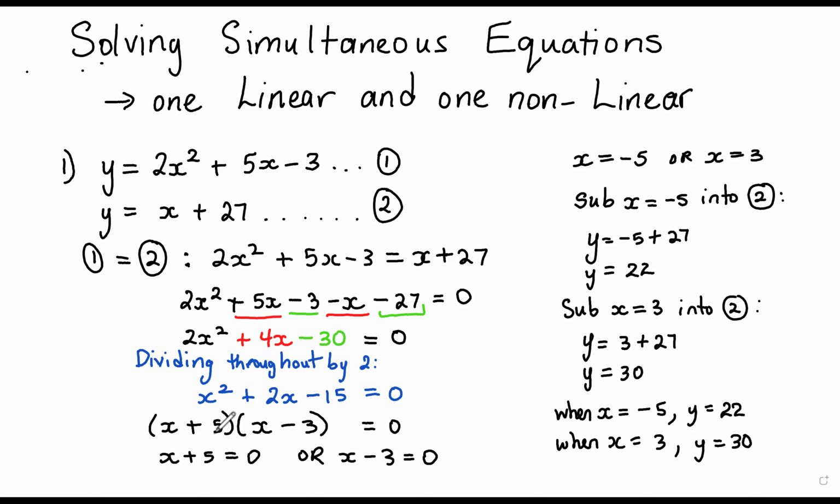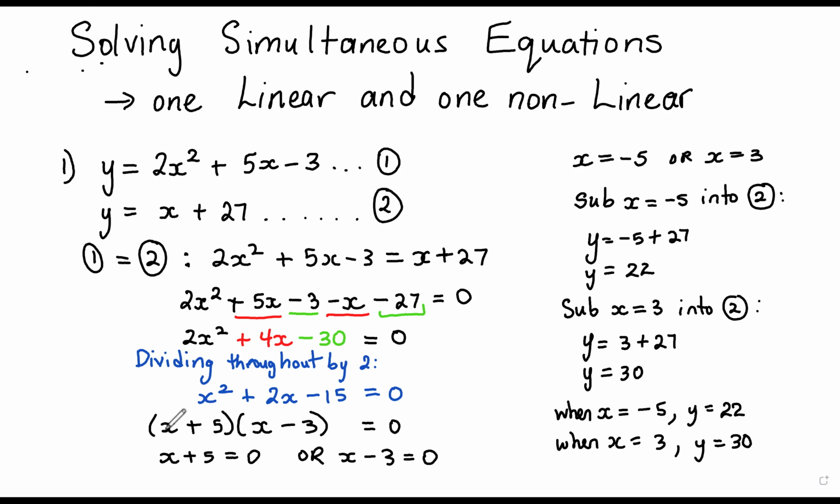So those are 5 and negative 3, because 5 times negative 3 is negative 15, and 5 take away 3 is 2. So it was easy to factorize for me, so that's why I chose it. However, you can use completing the square, you can use the quadratic formula. Once you do it correctly, you're still going to get the correct answer.